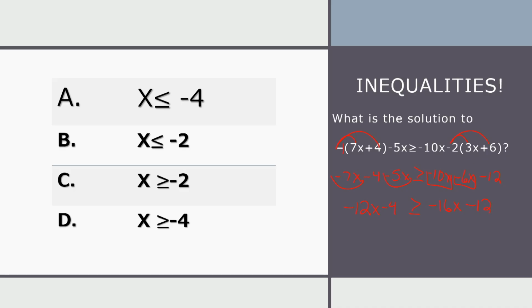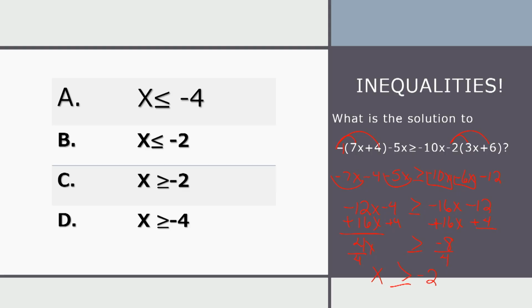Let's put our variables on the left side by opposite operation, adding 16x to both sides. I have 4x. I'm going to add 4 to both sides, which would give me negative 8. I'm going to divide by a positive 4. When I divide by a positive, my inequality stays the same. So I have x is greater than or equal to negative 2.